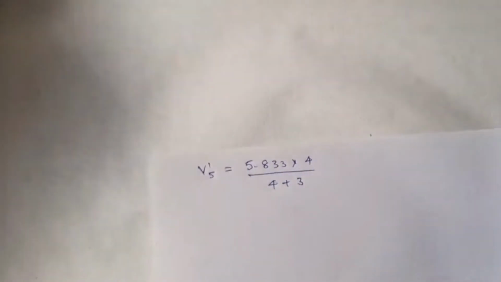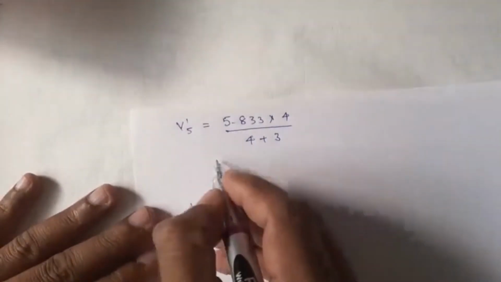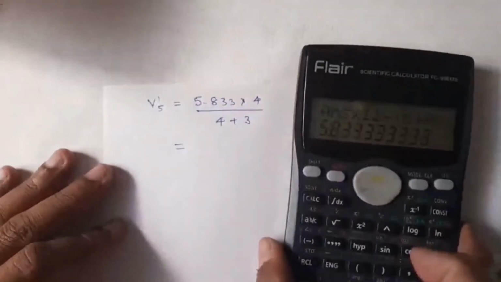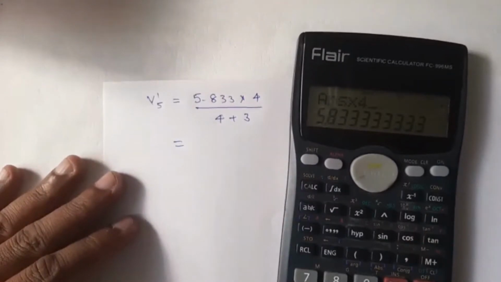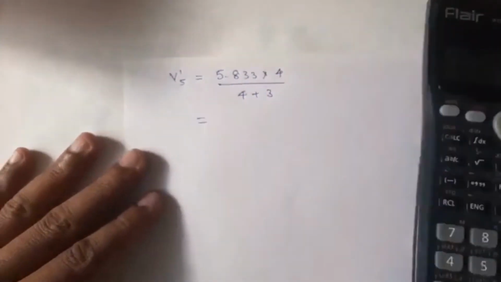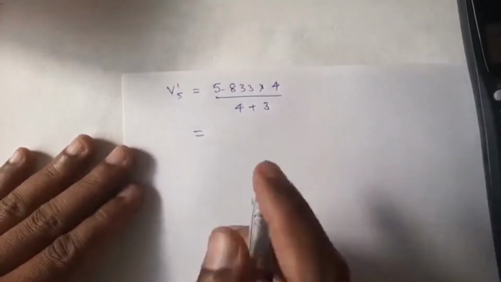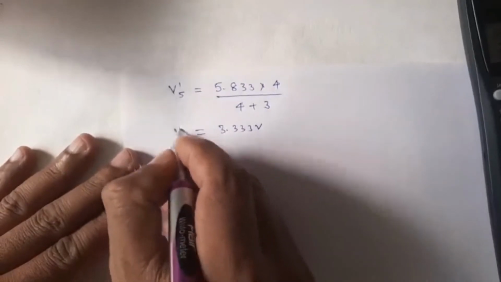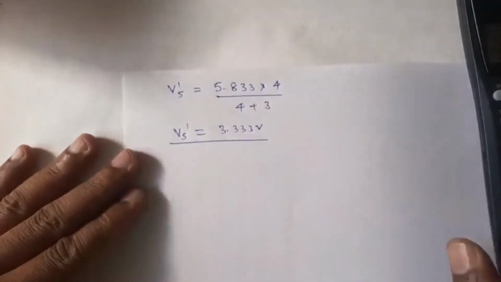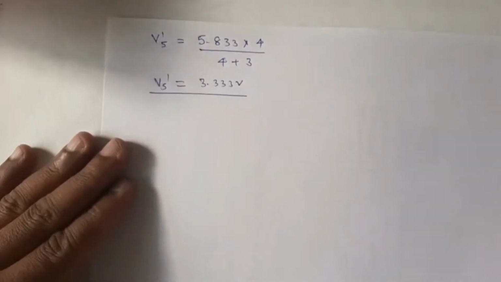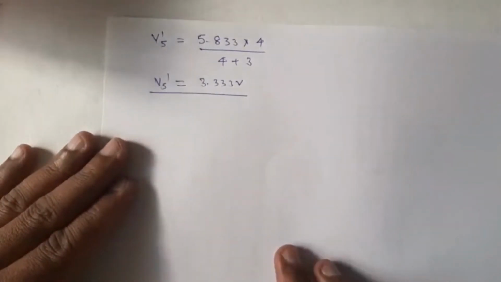Now if you calculate, this is VAB into 4 divided by 7, which is equal to 3.333. So 3.333 volts is V5 dash. You obtain the effect of one source on R5, right?